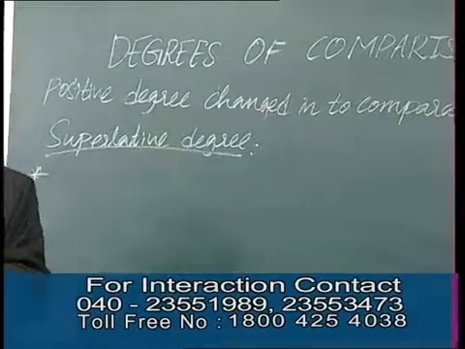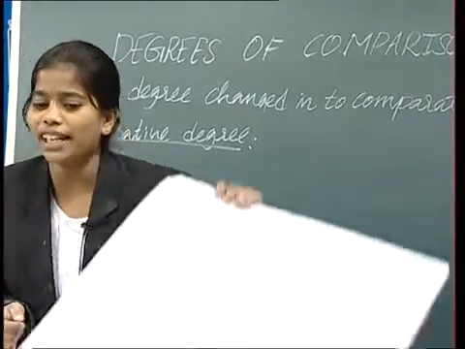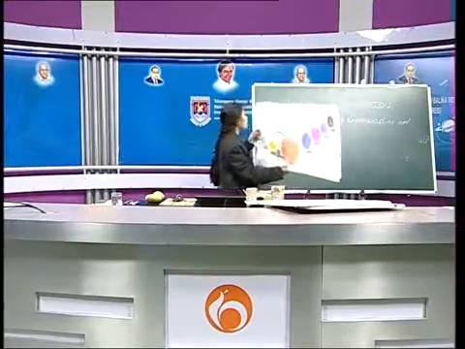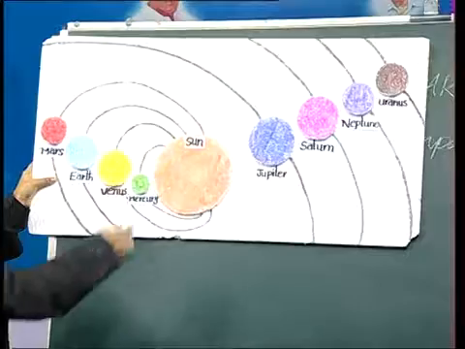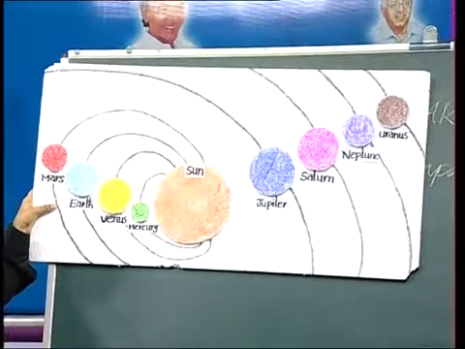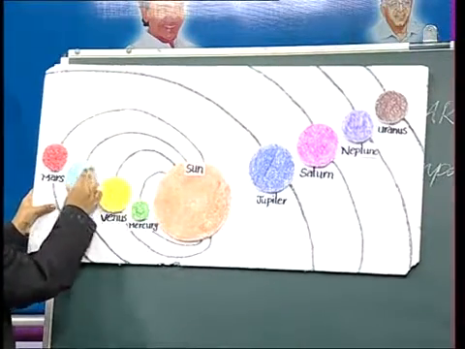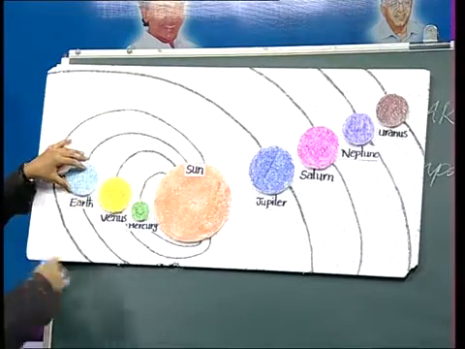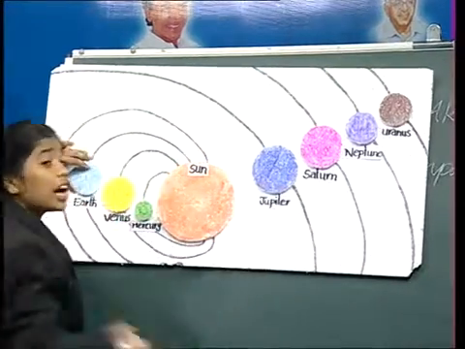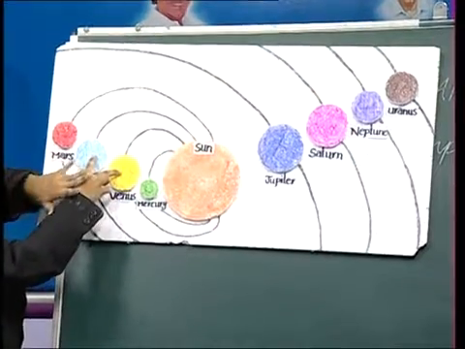While showing the chart, I think you will understand more clearly. Okay friends, let us see. Here Mercury is a large planet, but Earth is larger than Mercury. Here -er is added, and Jupiter is the largest of these planets.